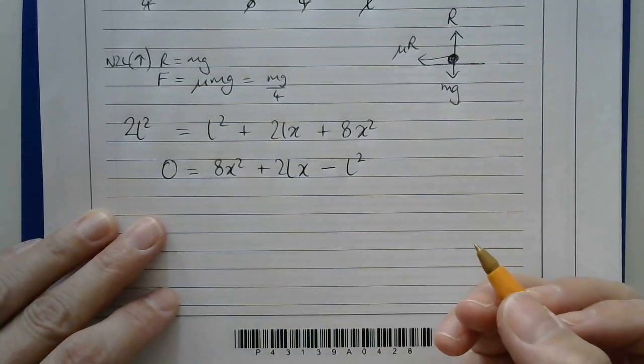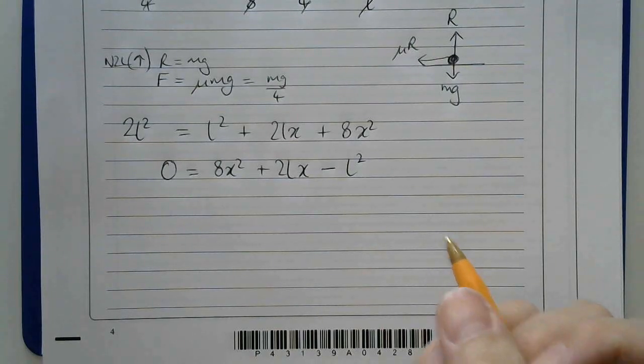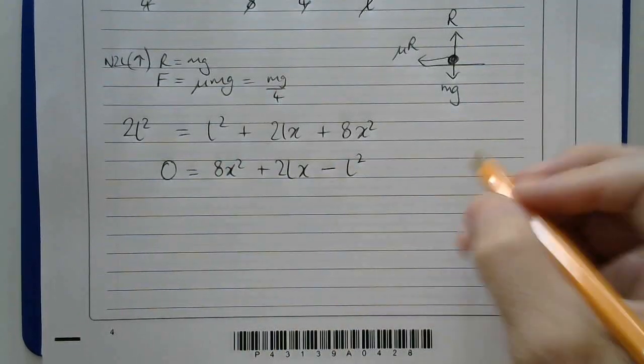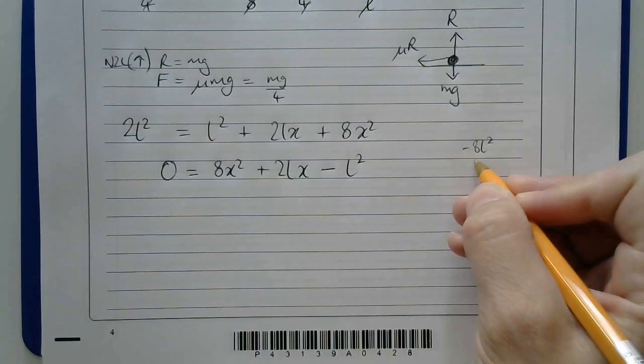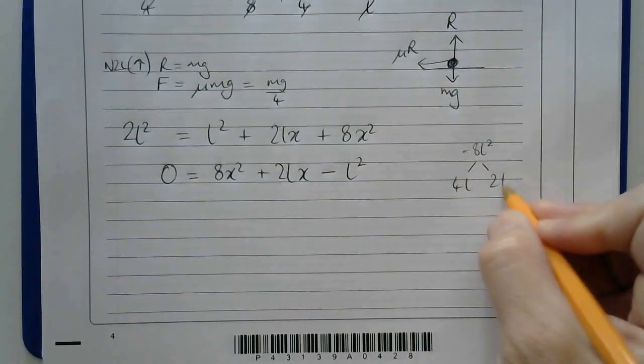I think I could use the formula, or I could use completing the square, or I'm not sure if factorising is going to work because I end up with a negative 8L squared. Oh yes, okay, which would be 4L, 2L.